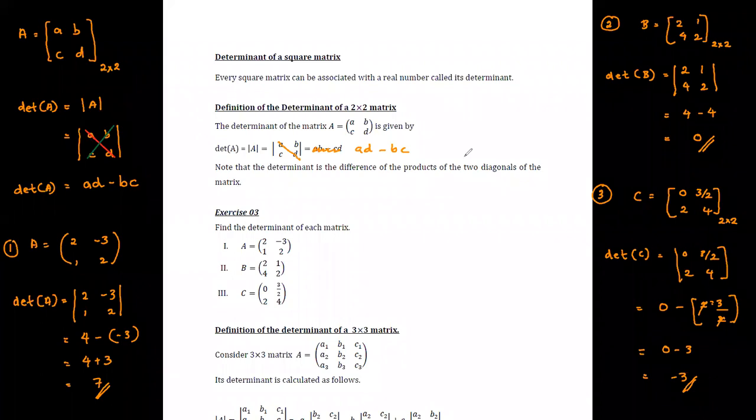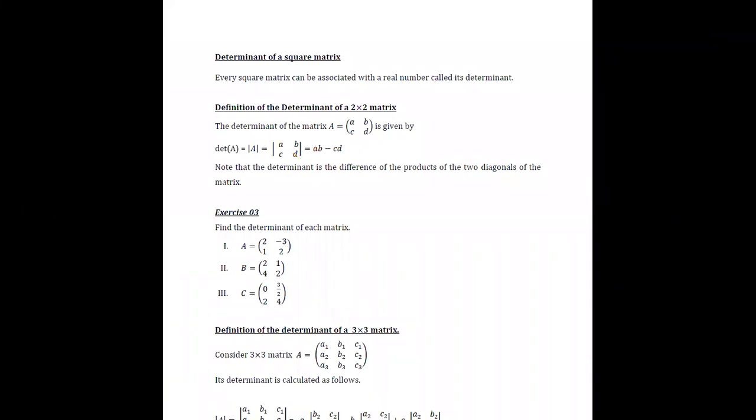Now we will move on to how to obtain a determinant for a 3 by 3 matrix. First, I will explain obtaining the determinant of a 3 by 3 matrix using notations, and then I will discuss how we can apply it using numeric values.